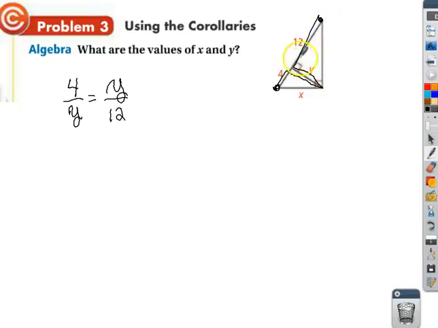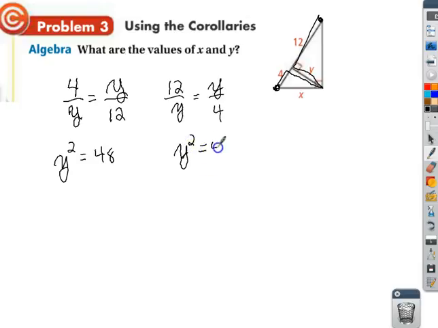What if I did beep? That would be 12 over y equals y over 4. That's completely different than what you got. How in the world am I going to get the same answer? Well, when I cross multiply, this is y squared equals 48. When I cross multiply here, this is also y squared equals 48. It comes out the same way.